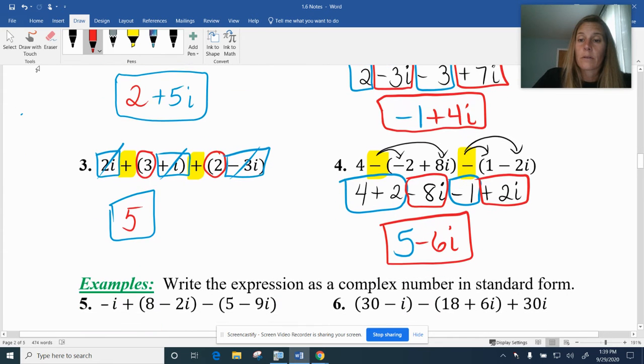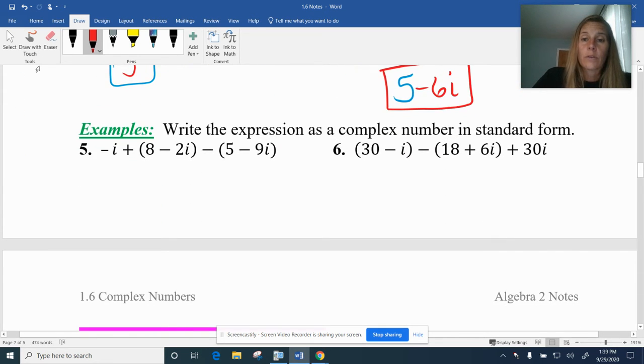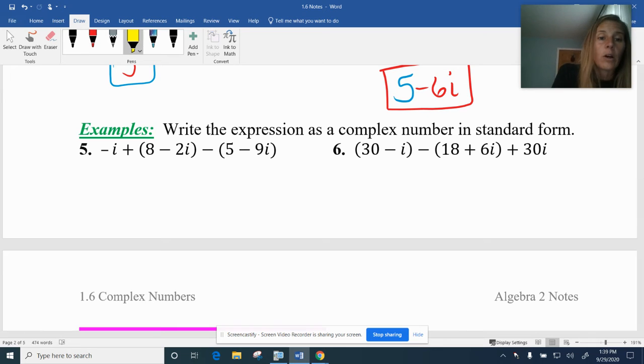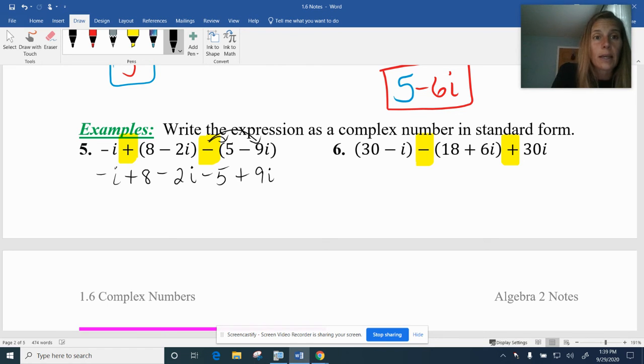All right, so we're going to do 2 more. These are just a little bit longer because we have both plus and minuses in these problems. So again, anywhere there's a minus, that is going to be distributed. So I'm just going to copy this over without my parentheses and then make this a minus 5 and a plus 9i since I'm subtracting that negative.